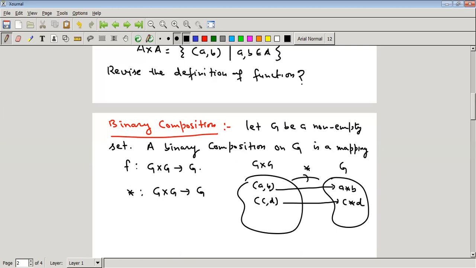So when we apply the binary composition operation star on a comma b, then we get a star b.